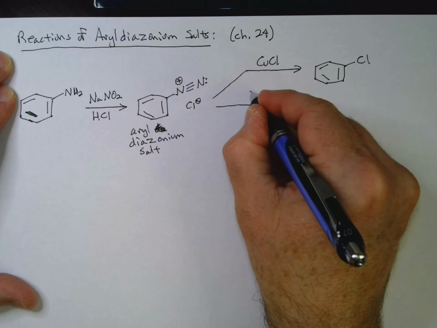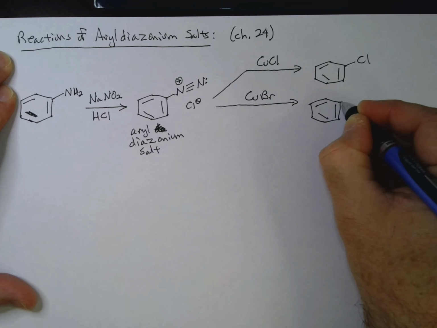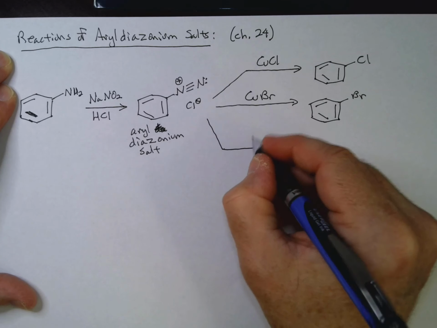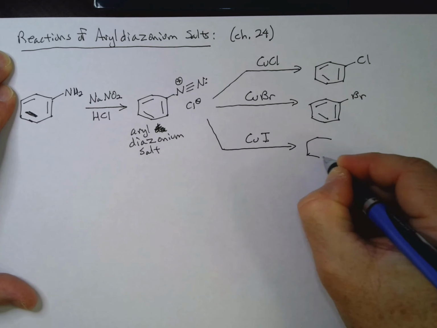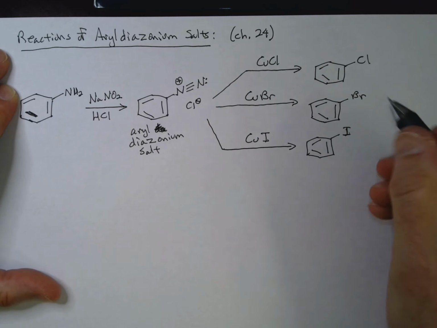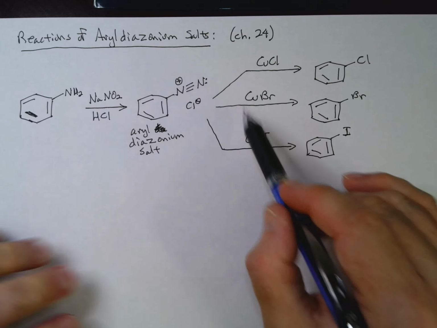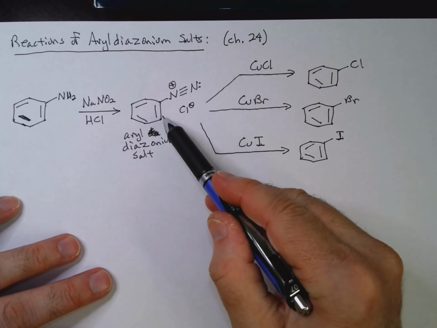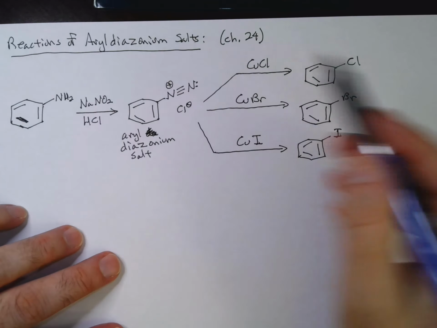We could do CuBr. Get bromobenzene. We could do CuI and get iodobenzene. So this is a way to make iodobenzene. This works because our N2 here ends up being a good leaving group. So we would get I adding in, and then the N2 would be leaving and replacing that.